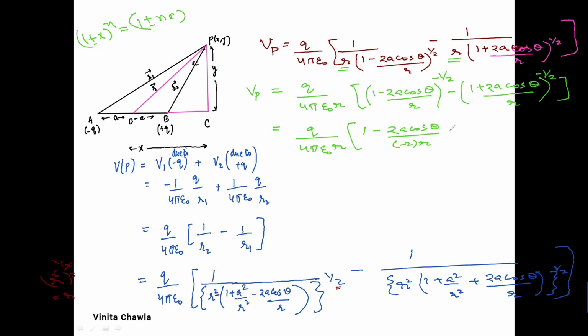This is one term, and we have a negative sign. Now we will write 1 plus 2a cos theta, and in the denominator we will write minus 2, because we are multiplying by minus half. This is the reason we are writing this minus 2 in the denominator: minus 2r, and bracket close. What will we get?